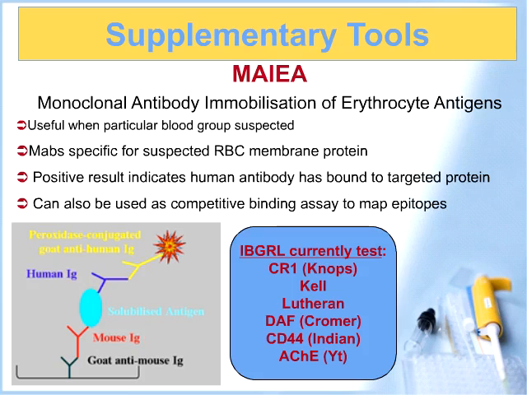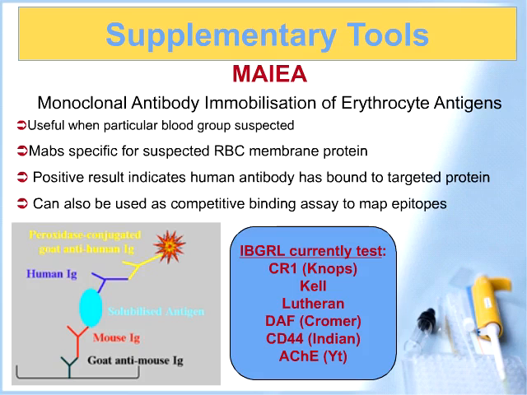It can also be very useful as a competitive binding assay. If you use monoclonal antibodies that are directed to different parts of the protein, and if you get, say, 2 positives and 1 negative, then that's an indication that where the negative monoclonal is directed towards is probably the same region where your patient's antibody is directed.